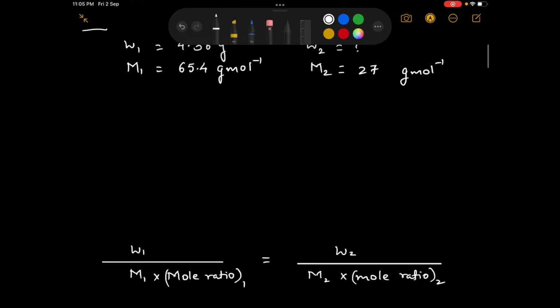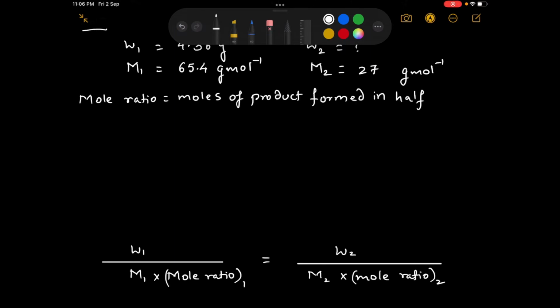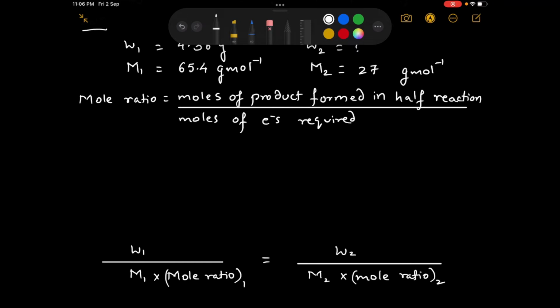Now for this we need to write down the formula of mole ratio also. The formula for mole ratio is mole ratio equals moles of product formed in half reaction upon moles of electrons required in half reaction. For this we need to write down the half reactions for zinc and aluminium.